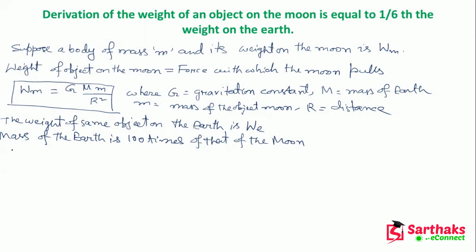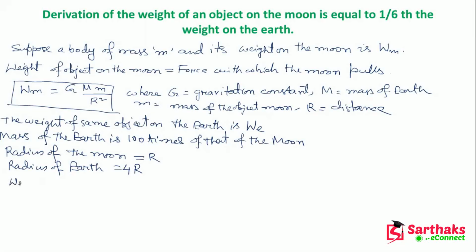Already we know this. And the radius of the earth with respect to the moon is 4 into r.